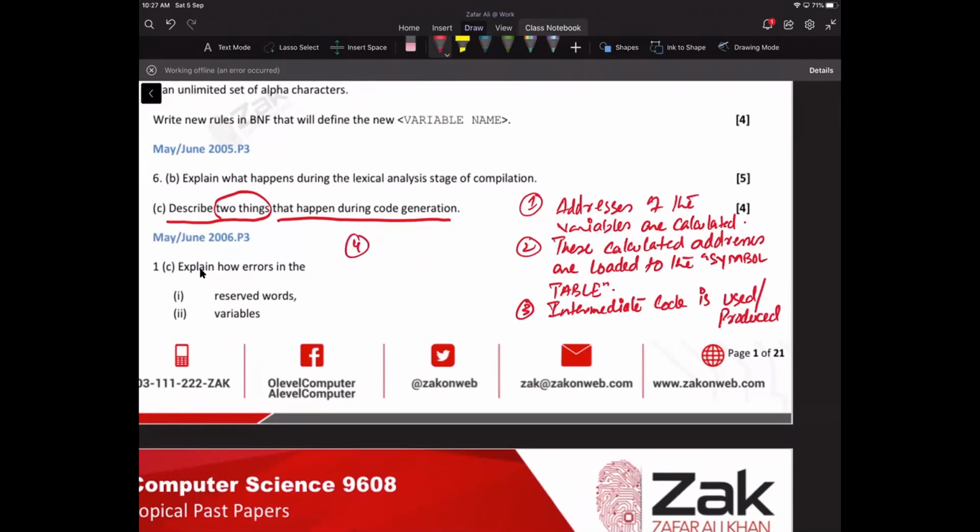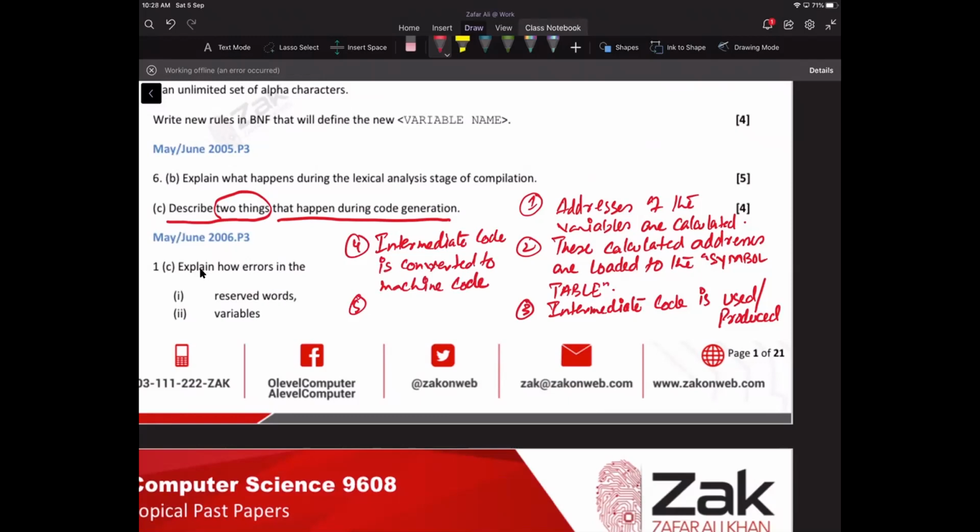Then we have got number 4: the intermediate code is converted to machine code. And after this code generation, code optimization is also happening at the code generation stage.